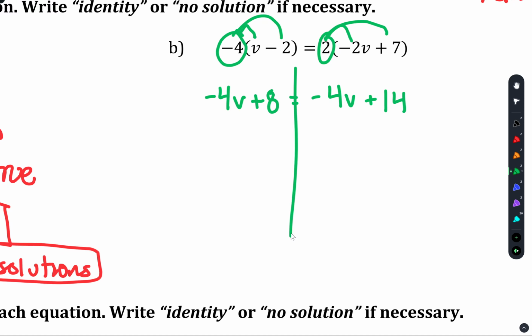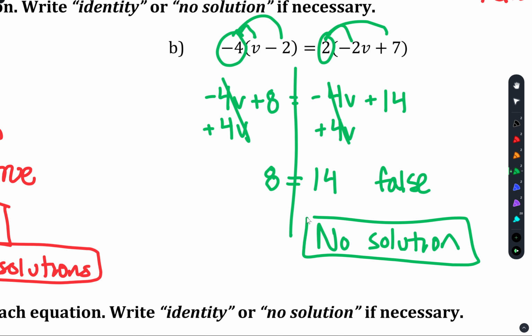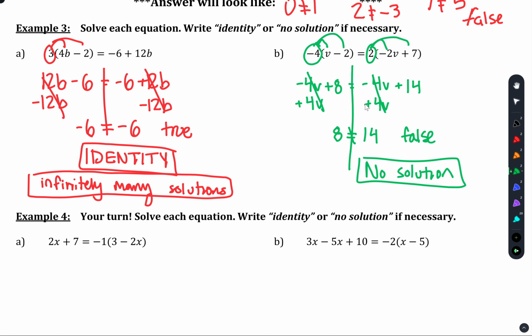Then I move my v's to one side. Let's move this 4v over. Oh, would you look at that? They cancel out. I'm left with 8 equals 14. True or false? What is my answer? No solution. In fact, we should really cross that out because they're not equal. Okay. Good on that?